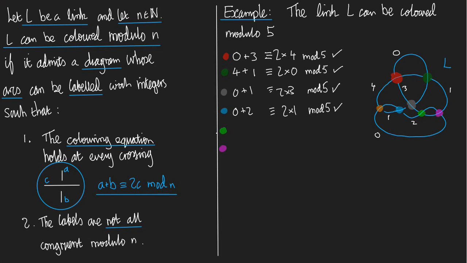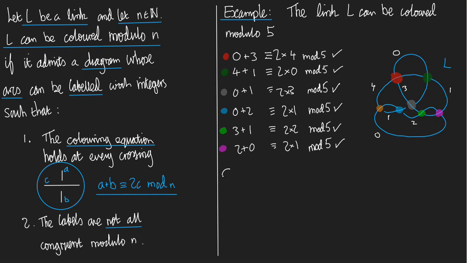For green, it should be 3 plus 1. Do I believe that? Yes. For the light green, it should be 3 plus 1 congruent to 2 times 2 mod 5. Correct. And for pink, it should be 2 plus 0 congruent to 2 times 1 mod 5. That's true as well.